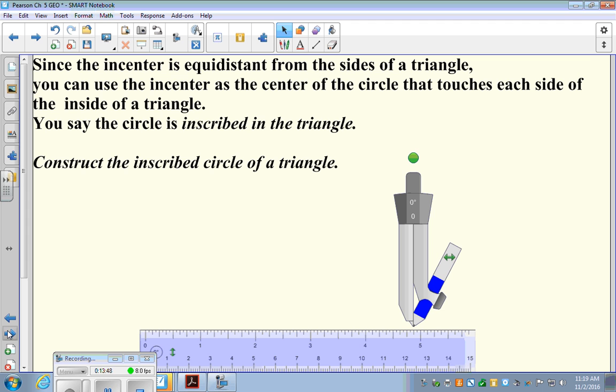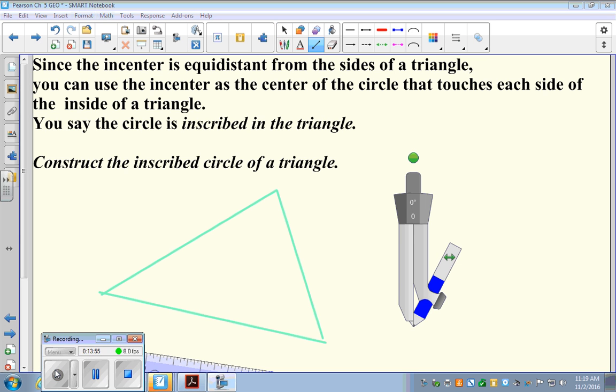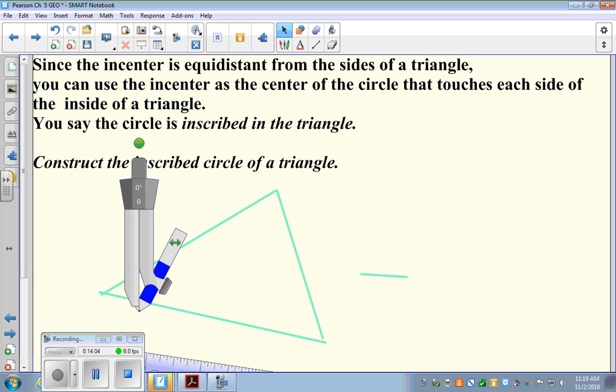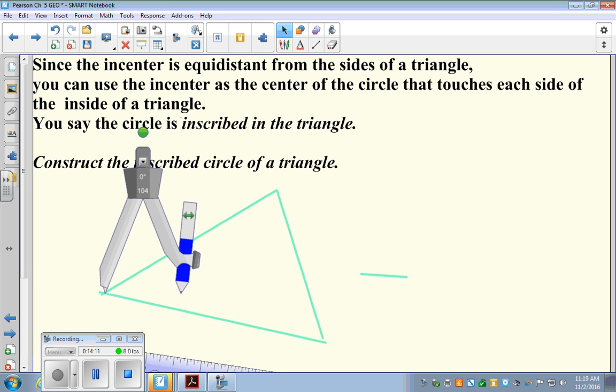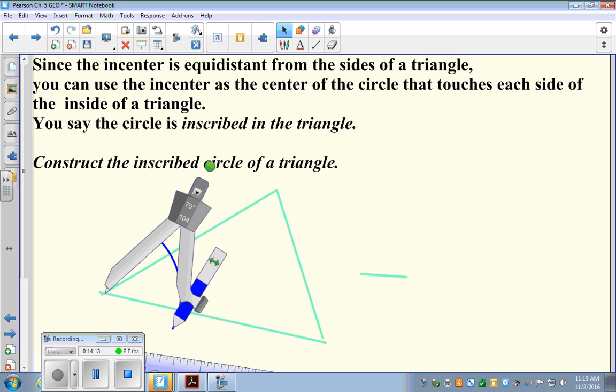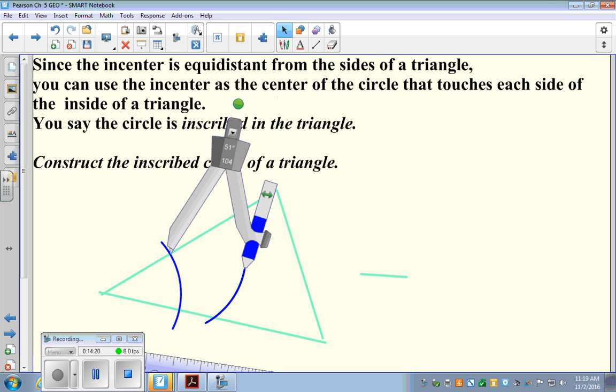If we are going to construct an incenter, we first start with a triangle. Then we're going to find the angle bisectors of each angle. So we grab our compass, put it on our vertices, open it up, draw our arc, then where our arc meets the side of our line, we're going to draw another arc.